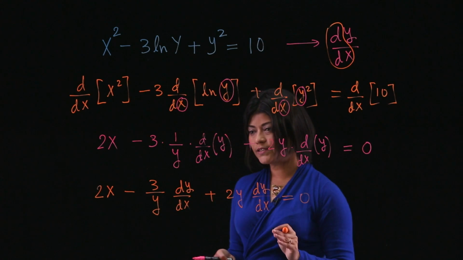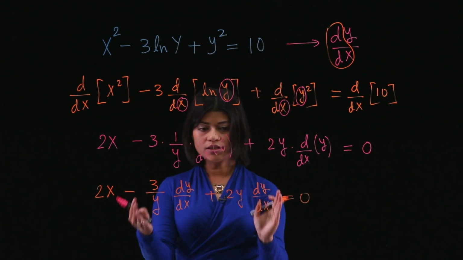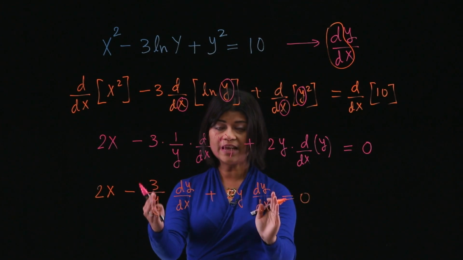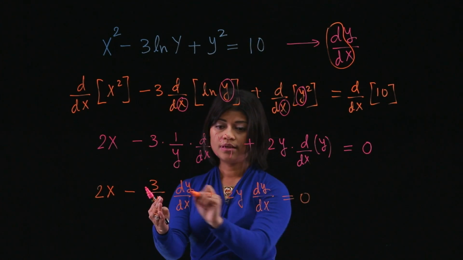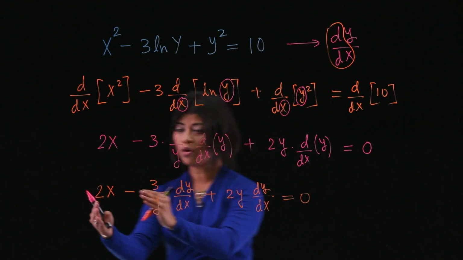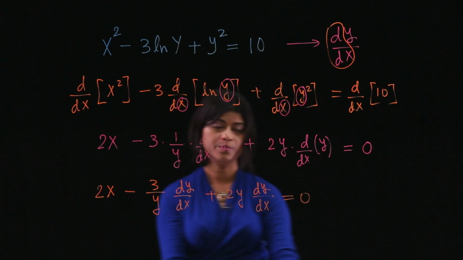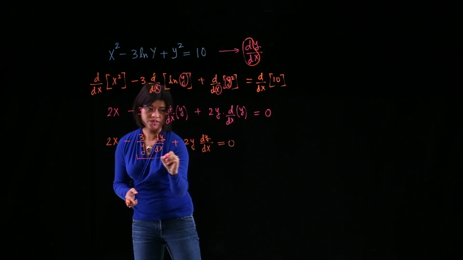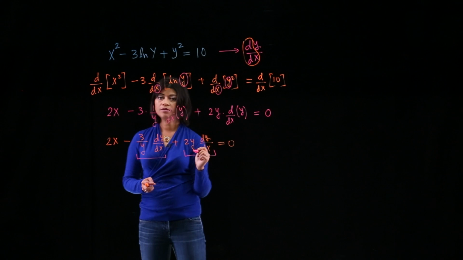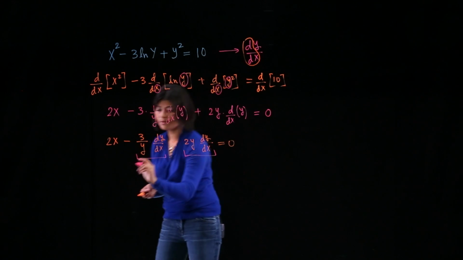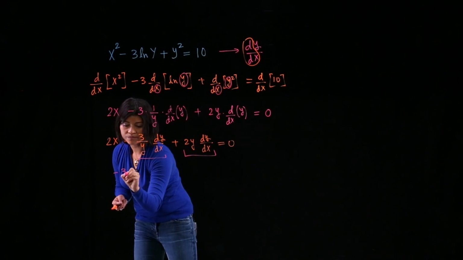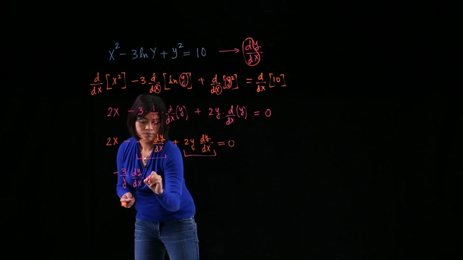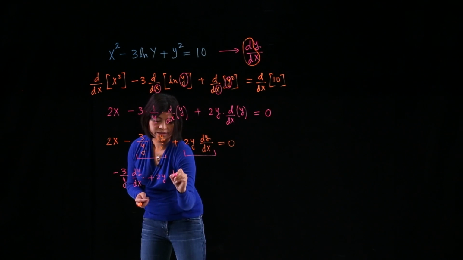Okay, so what we have to do is, look at all the terms on the left, keep the terms that have dy/dx on the left side, and bring the ones that don't have dy/dx to the right side. If you notice, the second term and the third term both have dy/dx. So keep them on the left hand side. So you have negative 3/y dy/dx plus 2y dy/dx.